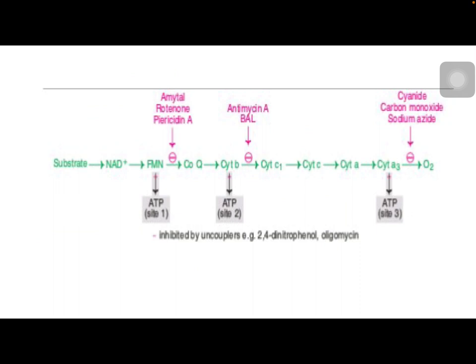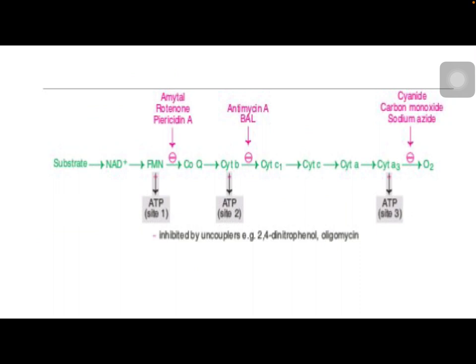FMN to coenzyme Q and cytochrome B is called site 2 ATP synthesis, and cytochrome C1, cytochrome C, cytochrome A, and cytochrome A3 is called site 3 ATP synthesis. So there are 3 sites at which ATP is normally synthesized in the electron transport system: FMN, cytochrome B, and cytochrome A3.